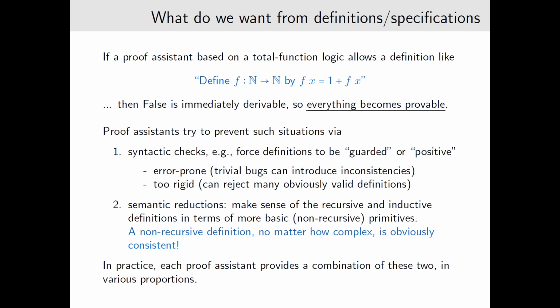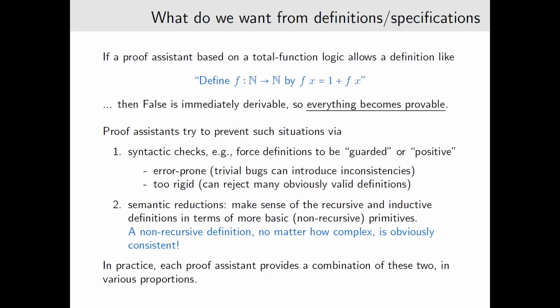And the proof assistants usually take a combination of two approaches, and the proof assistants based on higher order logic, including Isabelle/HOL, are quite adamant about following the semantic approach all the way to the end, so to speak.